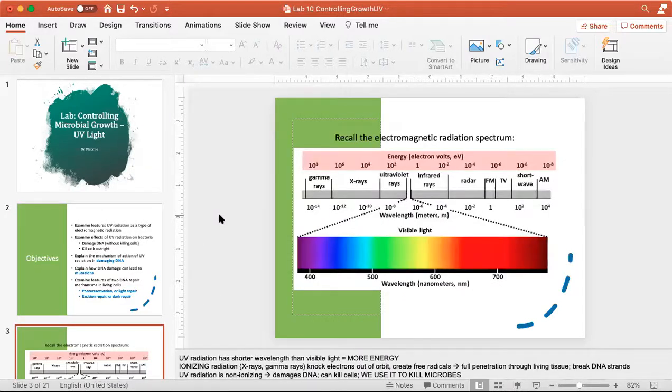To begin today, though, I want us to think a little bit about what ultraviolet radiation is and where it sits in this spectrum of electromagnetic radiation. What you're looking at on this slide is a spectrum of all the different kinds of electromagnetic radiation that we are exposed to on this planet.